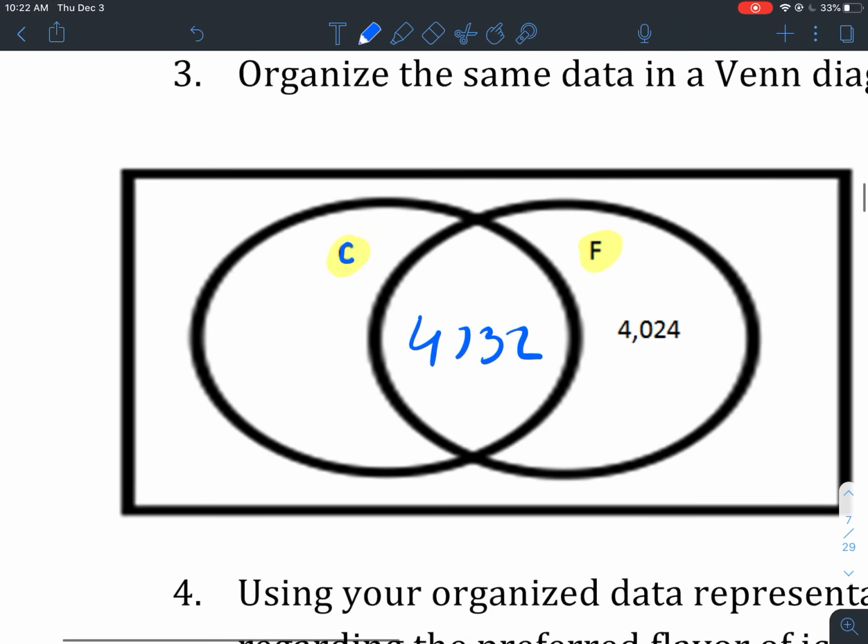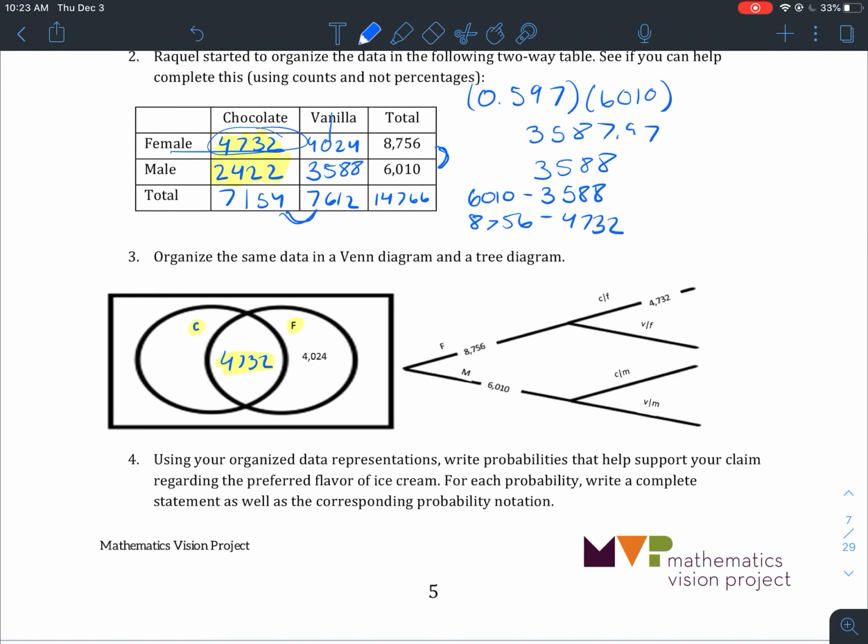And then in the chocolate category, this is going to be people that are not female but chose chocolate, right? So these guys were the females that chose chocolate. Now we need the people that were not females, aka the males, that chose chocolate. And that's going to be our 2,422. And then lastly, this square box, the part that's not in either circle, is going to be respondents who are not female and did not choose chocolate.